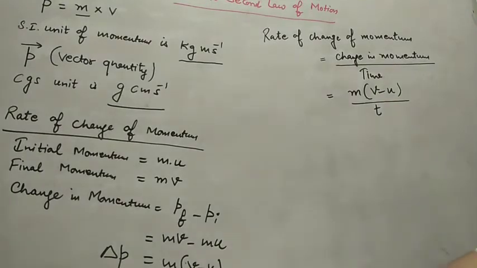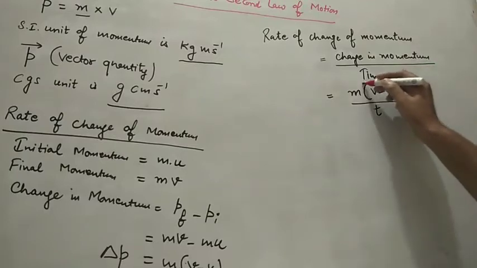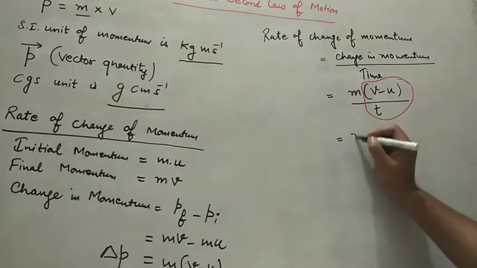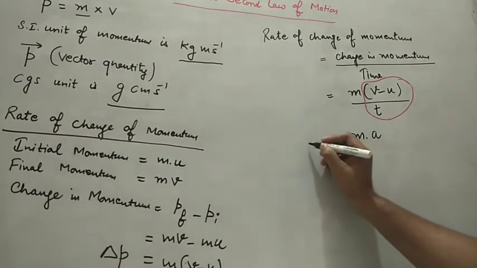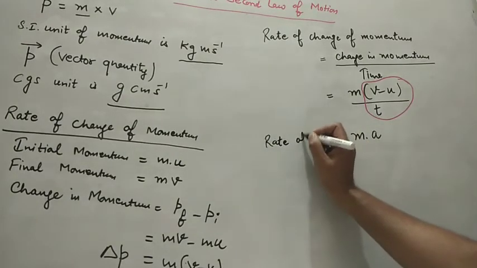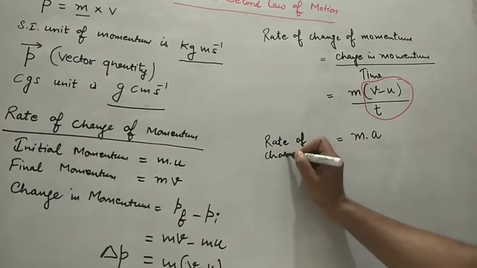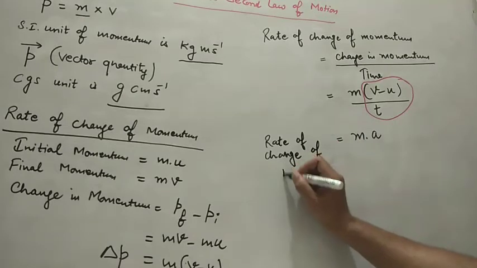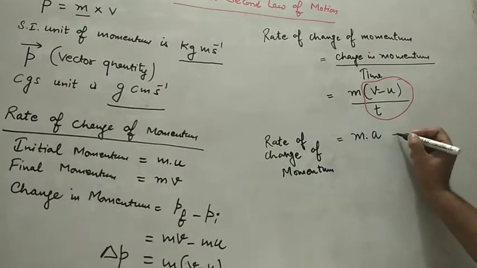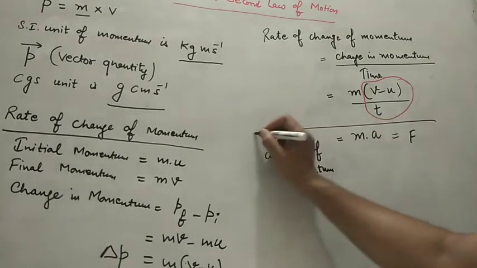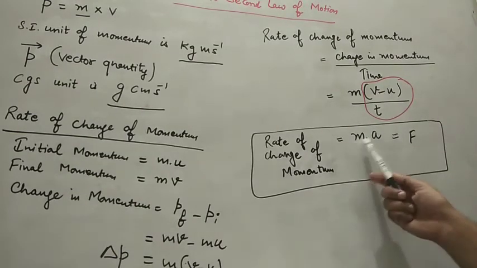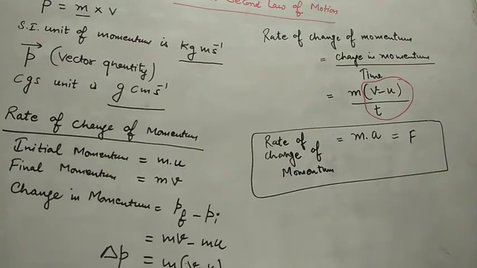Now this factor, (v minus u) upon t, is what? Change in velocity upon time, that is acceleration. So the rate of change of momentum is equal to mass into acceleration, which is equal to the external applied force. This ma in magnitude is equal to the applied force.